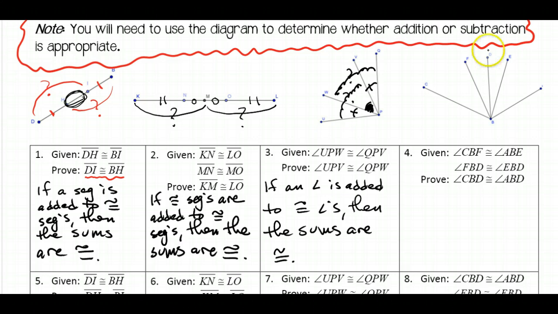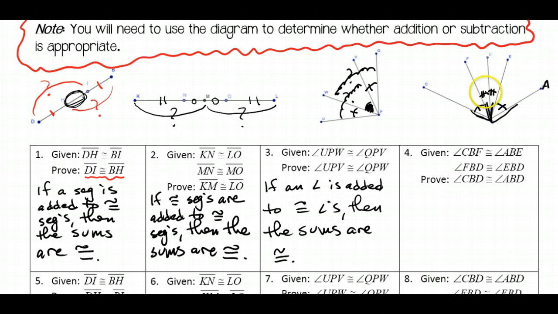Moving on to the next one, I've got CBF congruent to, I think that's an A over there, ABE, and I've got FBD congruent to EBD, and I want to prove that the larger angles CBD and ABE are congruent.